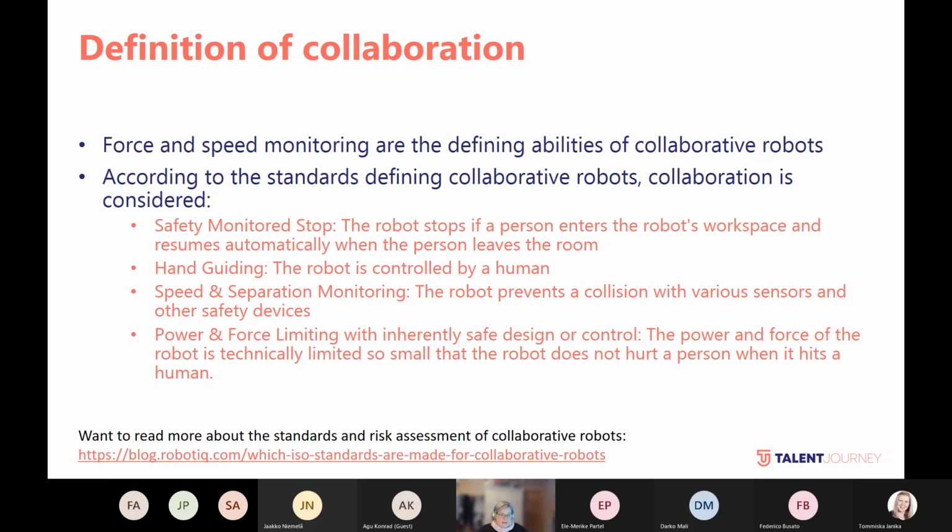First, it's called safety monitored stop. This means collaboration where the robot stops if a person enters the robot's workspace and resumes automatically when the person leaves the room, as I was telling about the safety mat.